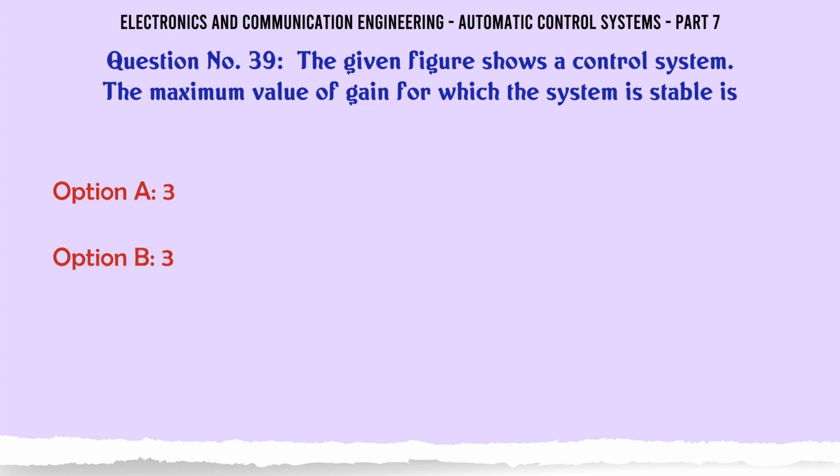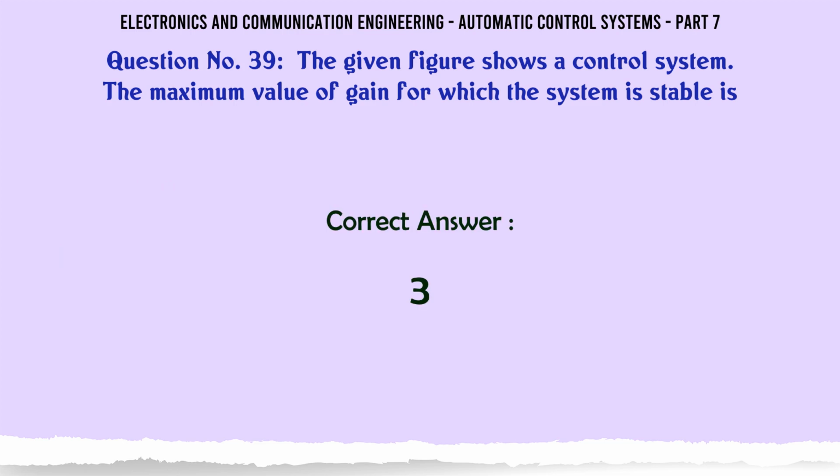The maximum value of gain for which the system is stable is A. 3, B. 3, C. 4, D. 5. The correct answer is 3.